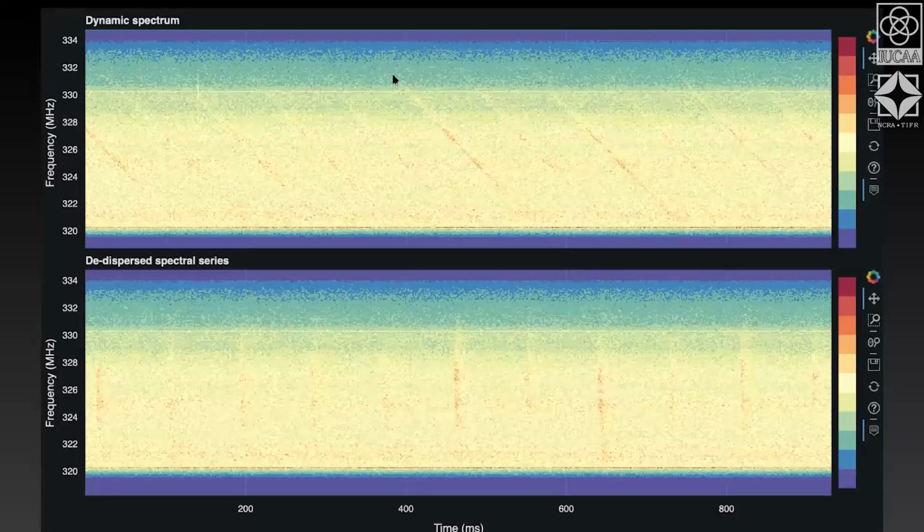Either you take a higher frequency, let's say above 330, and compensate for all the delays at lower frequency, or you can take a central frequency, let's say a point over here, and then the higher frequencies will need to be delayed, whereas the lower frequencies need to be advanced, so that they are compensated for this dispersion. Since we are not working in absolute time units, this is fine. We are not really concerned about the absolute scale of when the pulse arrives.